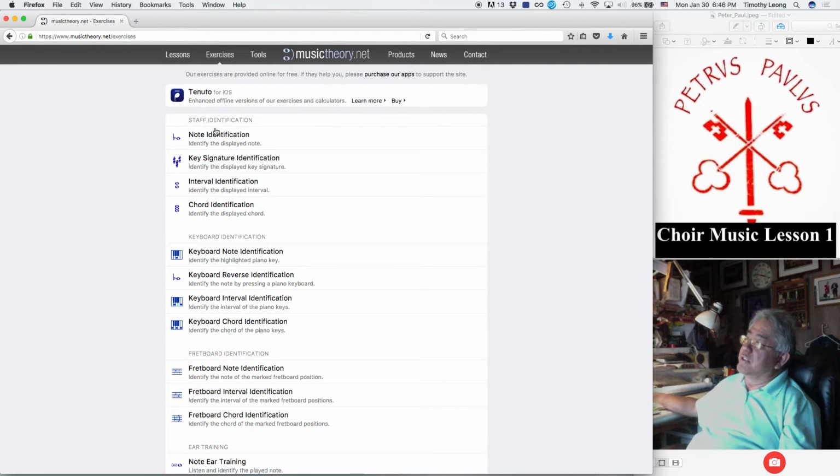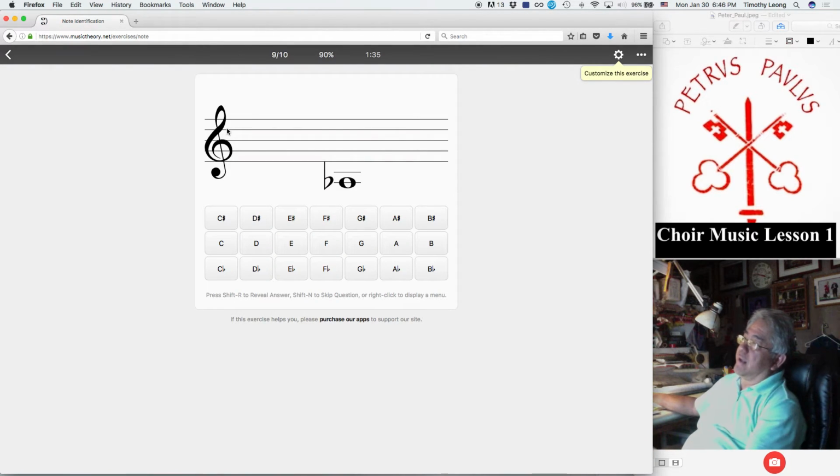Okay, so here's just simple note identification. Hey, guess what? There are 2 lines below the staff, and this is the treble clef, which is G here, right? So let's look at what note this would be. Is that hard? Of course not.